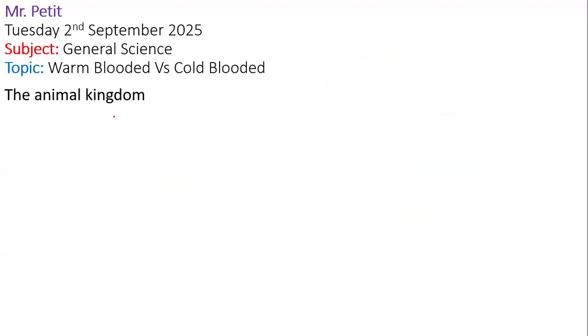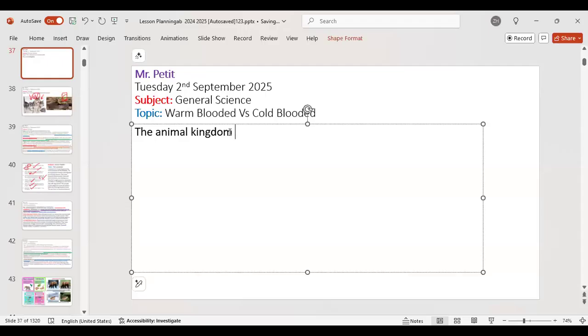So the animal kingdom can be divided into 2 main groups. What are the 2 main groups? Invertebrates and vertebrates. Very good.